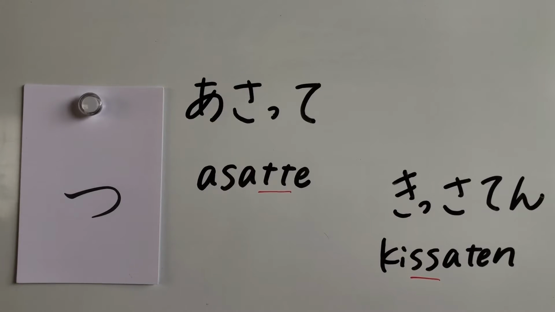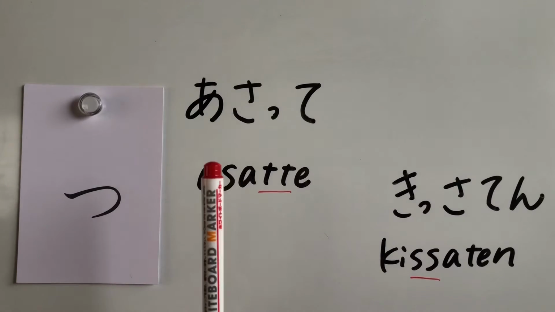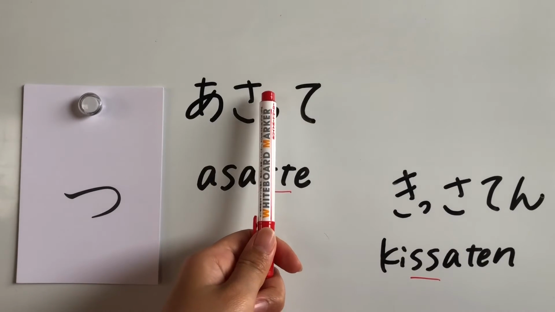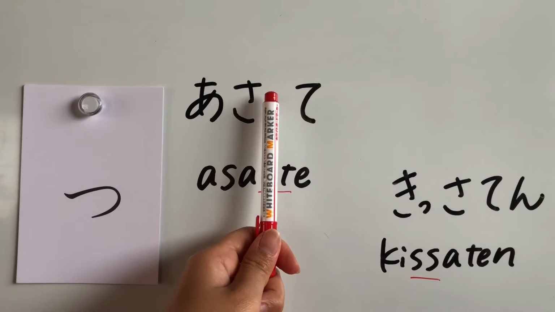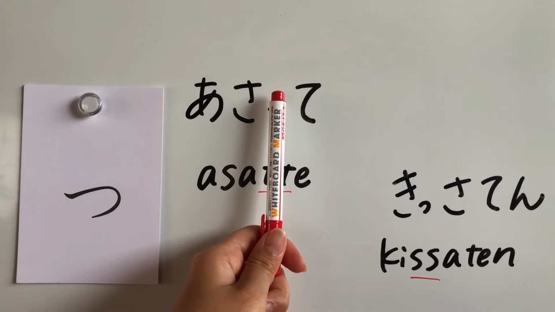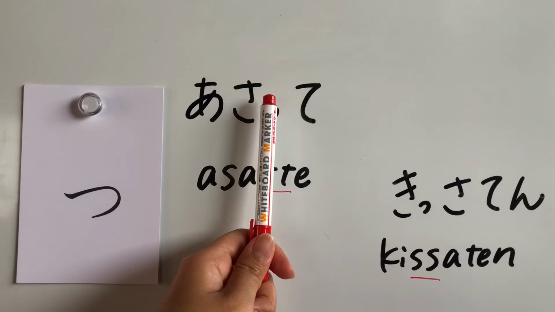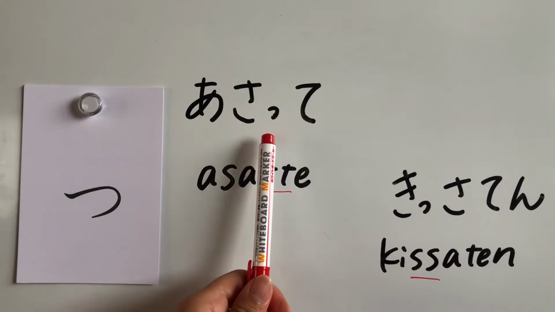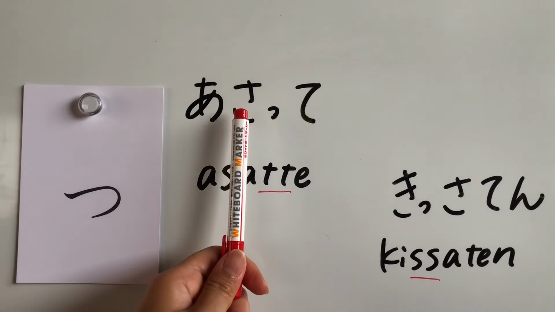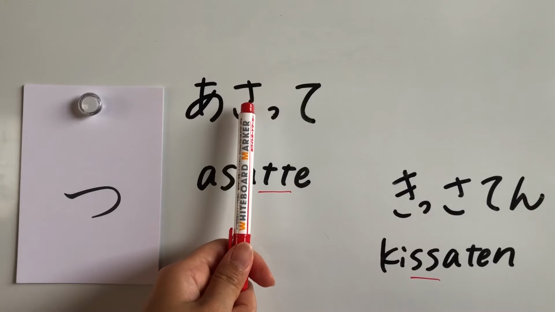So as you can see, we don't actually pronounce this small tsu as a tsu. But what we do is, for example, if I say this without small tsu, that's gonna be asate. But by adding this small tsu, you can put the stress on the letter before.